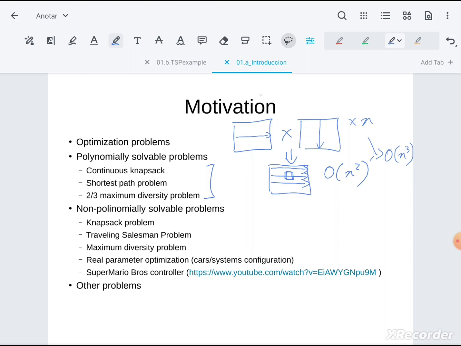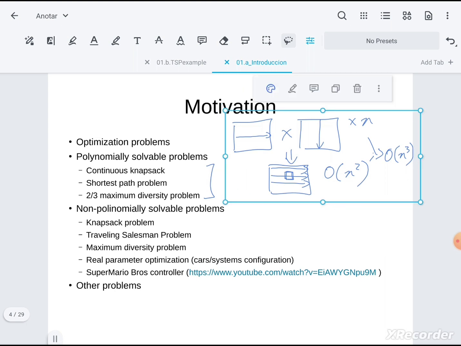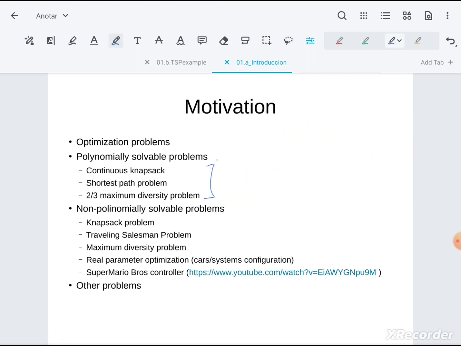In the same way, there are other algorithms that solve other problems. For instance, the shortest path in a graph runs in polynomial time.